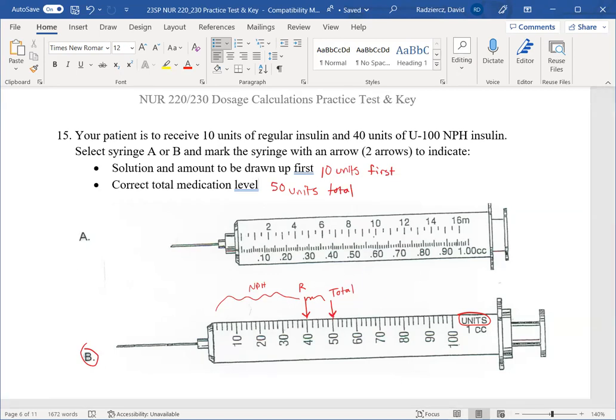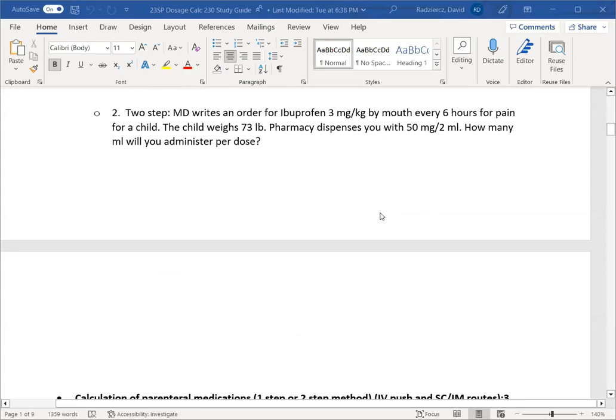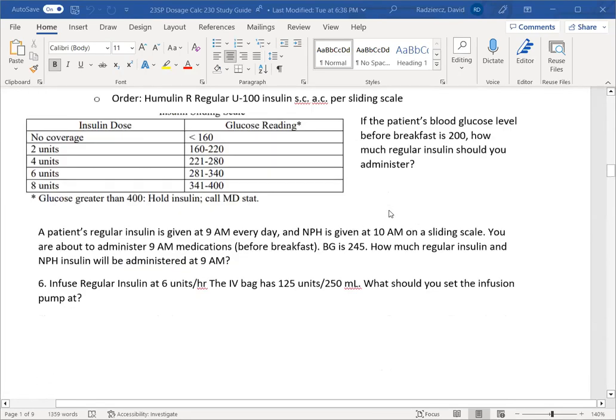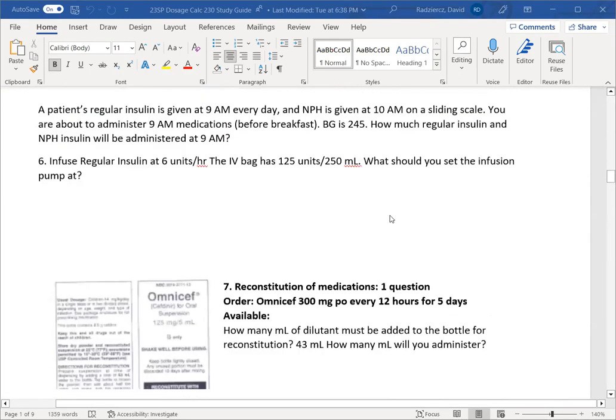And while you're milling about this, let me just pull up what a reconstitution question might look like at one of the other campuses. This is from Boyce.